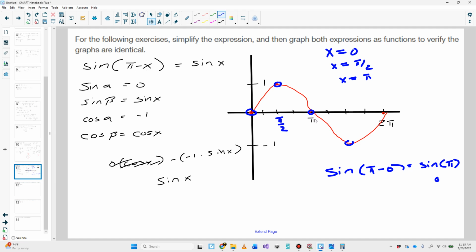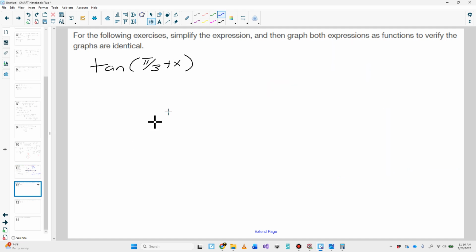What is x if it's equal to pi when I plug it in over here? We're going to notice that they're all the same values. And so this graph, sine x, does equal the same graph as sine of pi minus x. And I just proved it by plugging in values for x that we've already graphed on my sine x graph. No problem. Let's try another one.